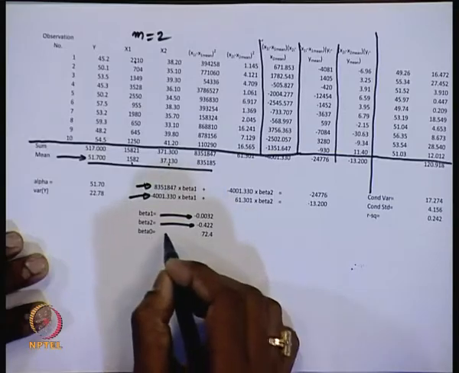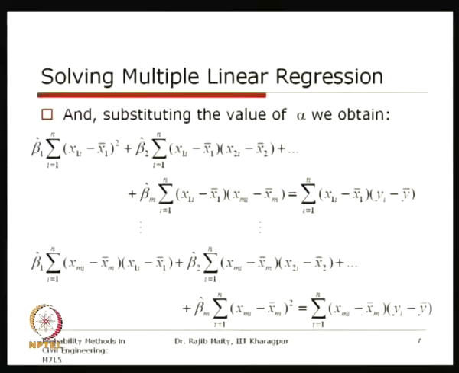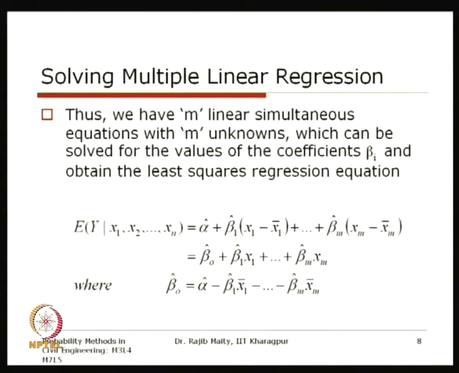So, beta naught we can calculate. As we have seen here, beta naught is equal to alpha cap minus beta 1 hat x1 bar minus beta 2 hat x2 bar.